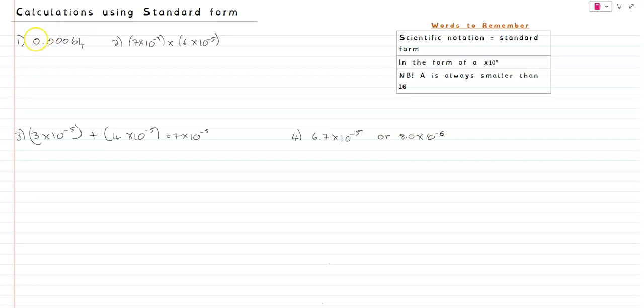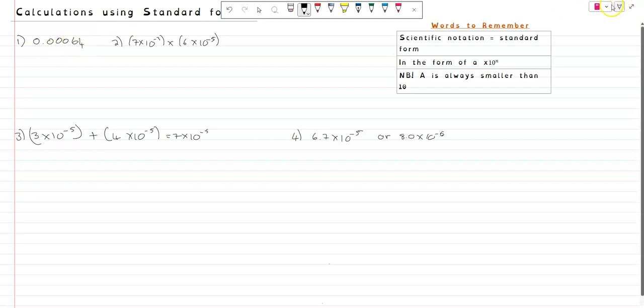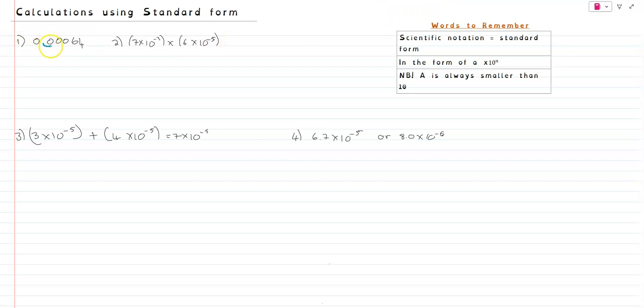We have a number that we need to change into standard form. Now, the way that we do it, as per usual, we start at the decimal point and we count our numbers up. So let me just get another color pen here and then we can start with that. Okay, so we're counting 1, 2, 3, 4. Remember, it must be smaller than 10, but it should be bigger than 1.